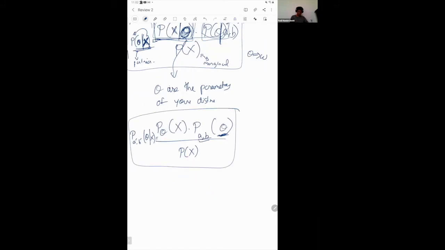Here a and b are the parameters of theta. Here theta is the parameter of x, and we want that after multiplying this, the distribution of theta in itself shouldn't change. If these two distributions are such that the distribution of theta doesn't change, we call them conjugate distributions. And a dash and b dash are the updated parameters of theta, but now we have the information after seeing x.